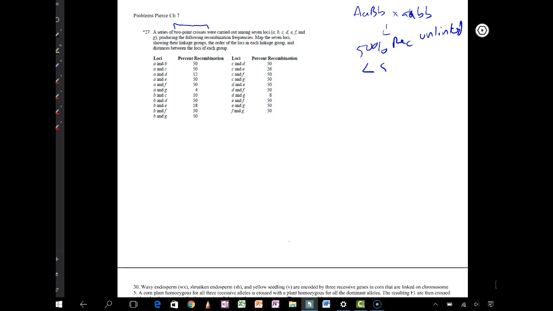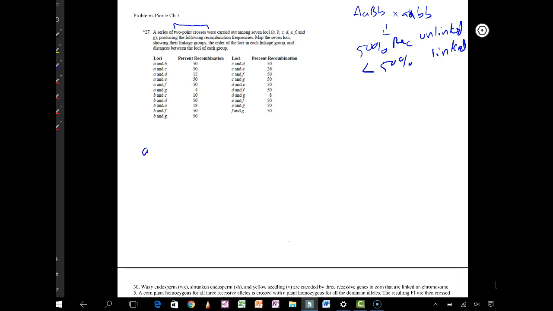If we get less than 50%, the genes are linked. So we can quickly look through these, and anything that says 50, those two genes are unlinked, and anything less than that, they're linked. So we go through: A and B unlinked, A and C unlinked, A and D linked.